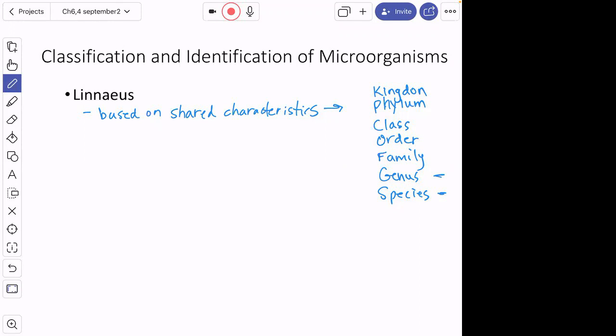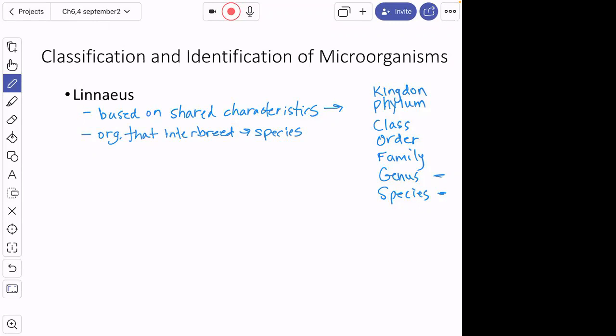Linnaeus said, well, how do you define a species? Organisms that interbreed belong in the same species. Now, of course, that doesn't work for bacteria because bacteria just divide. You've got one cell that divides into two. They're not breeding.